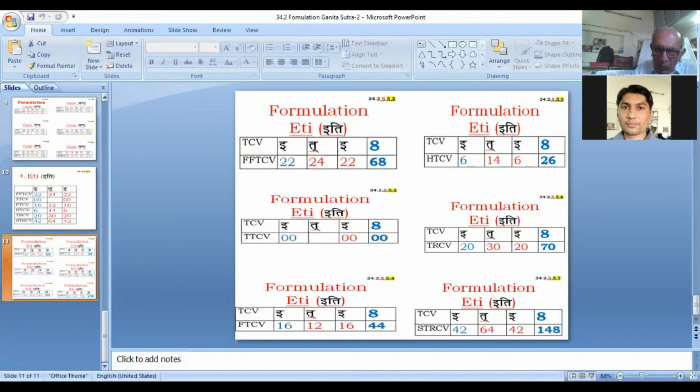As per the rule of Ekadhikena Purvena, this TC value 75 will result into value 150 at the next step.